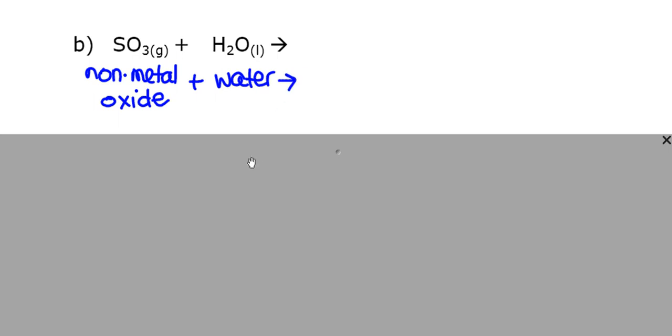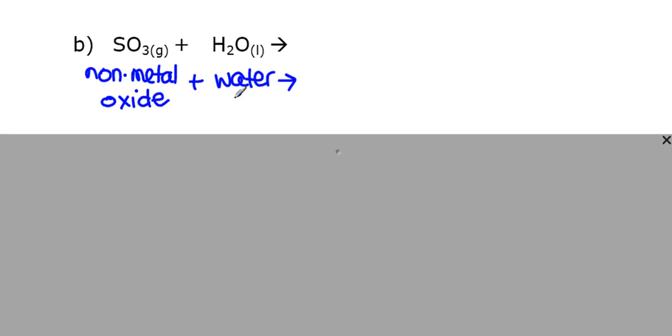Now, if you got stuck on this one and you didn't realize you had a non-metal oxide in water, before hearing the rest of the question, go back to your notes and see if you can find the pattern for non-metal oxide plus water, what type of reaction it is, and see if you know what the product is. If you think you've tried this out and think you know the answer, keep listening.